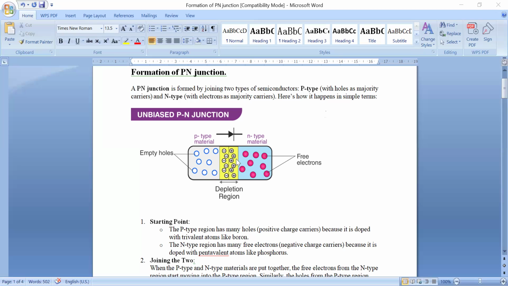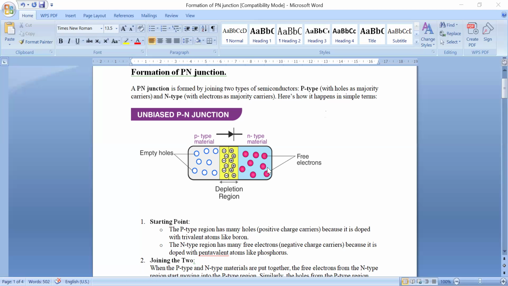In the depletion region, the yellow colored one, fixed positive ions are formed in the N-type material, and negative ions are formed in the P-type material. They are immobile. The fixed positive ions and negative ions are left behind, which creates a small electric field.